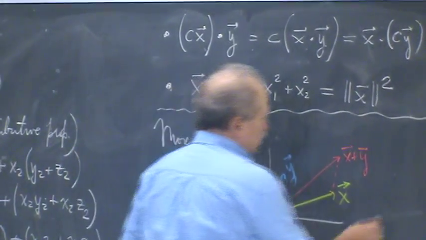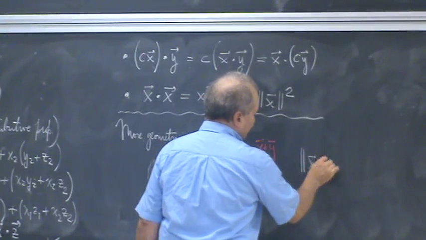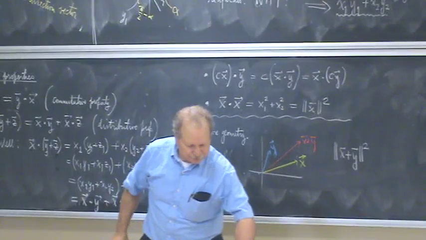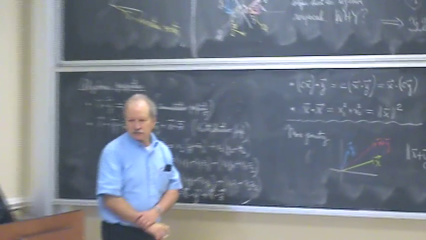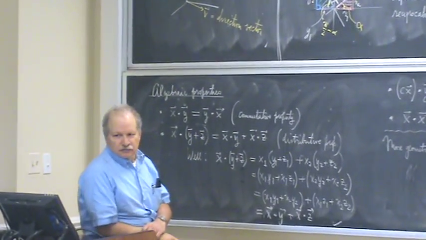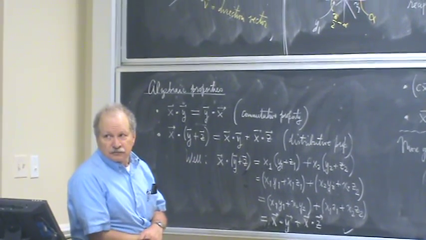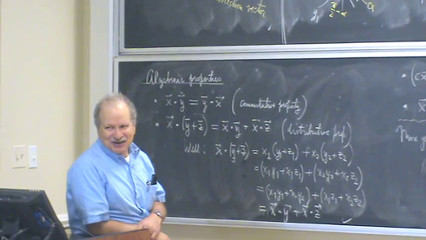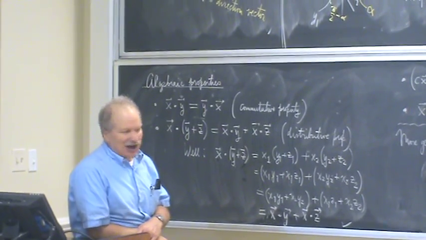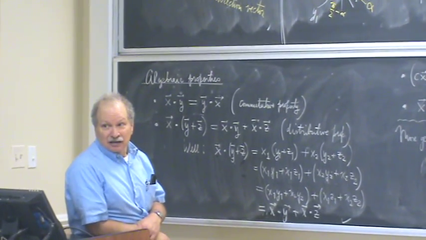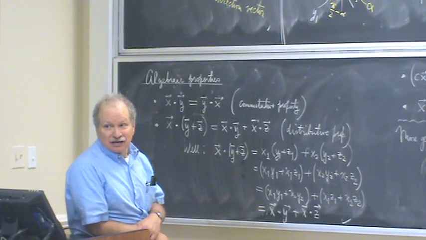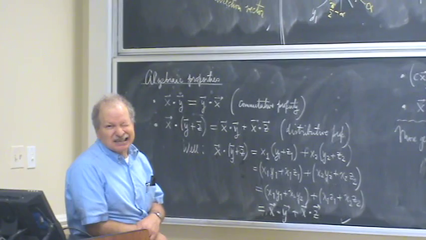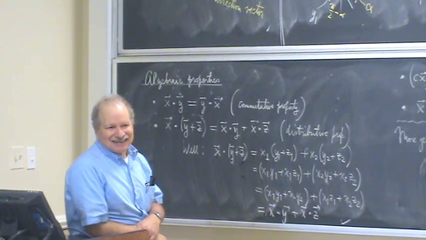So if I asked you to figure out what the length of the sum of the vectors was, what would you do? Magnitude of x squared plus 2. Okay, so you're skipping to the answer. So how are you getting that? You're treating that just like x plus y and then squaring it.